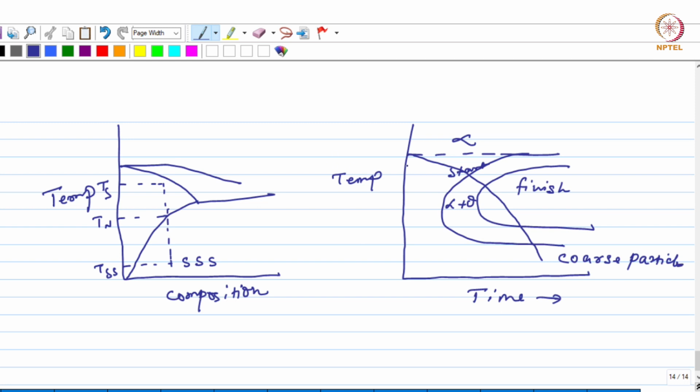On the other hand, if you cool it down fast with a high cooling rate, then you can actually avoid the nose of the TTT curve, and as a result of that, you will get fine precipitates.